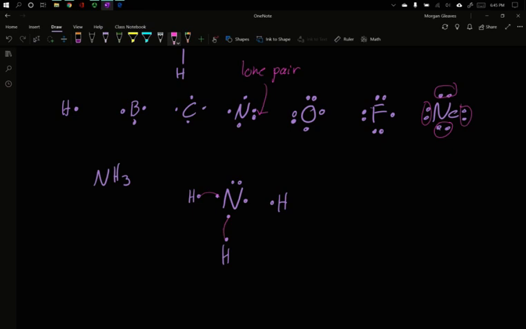And I do this for the other ones. Pair the unpaired, pair the unpaired. If you want to make it look a little nicer then, nitrogen, dash to a hydrogen, dash to a hydrogen, dash to a hydrogen, lone pair on the nitrogen. For ammonia, for NH3, this is how we build the Lewis structure, and then this is the final nice Lewis structure drawing.